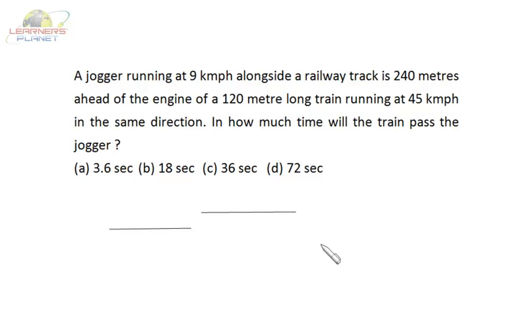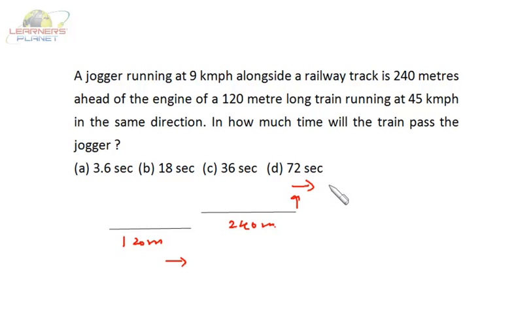Let's assume this is the train, 120 meters in length, and as of now the person is here, at a distance of 240 meters. This person is moving at 9 km per hour in this direction, and the train is also moving in this direction.